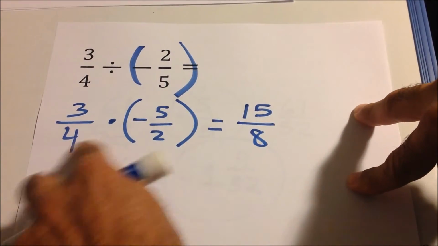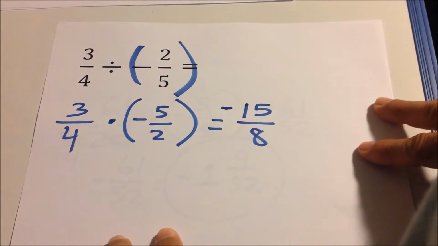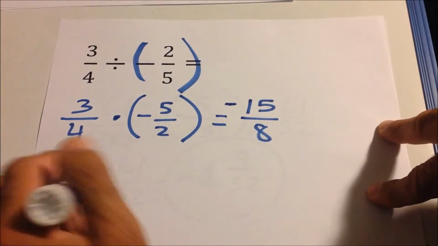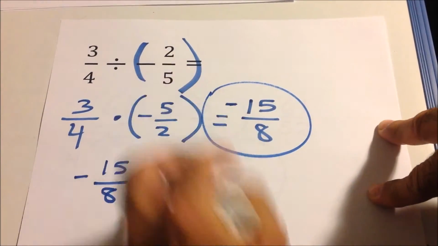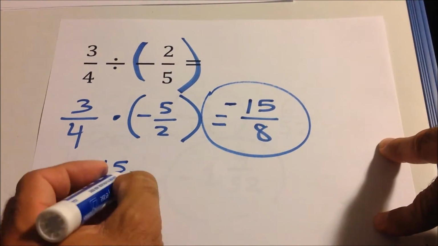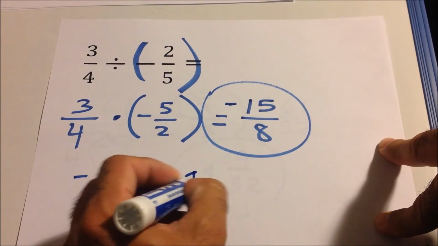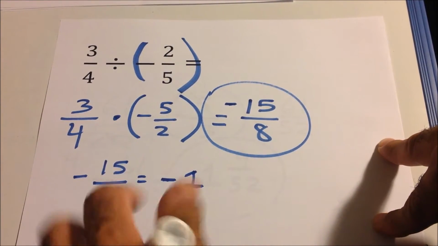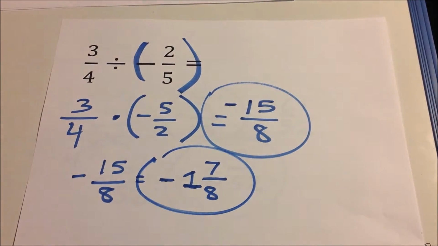And remember, unlike signs, so the answer will be negative. So this is improper. We can continue. Sometimes I can say, you can keep it that way, or if I say continue, so 8 goes into 15 once, remember that negative, and 7/8. There's our answer, 1 and 7/8.